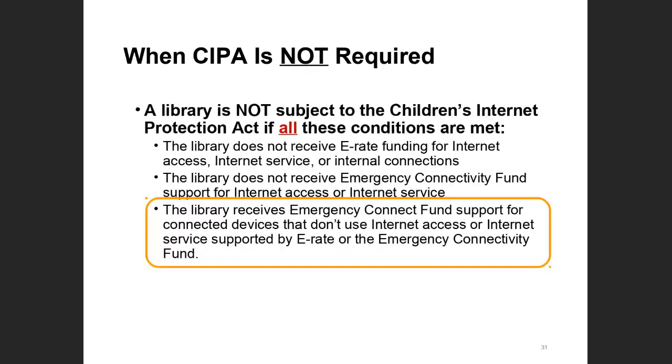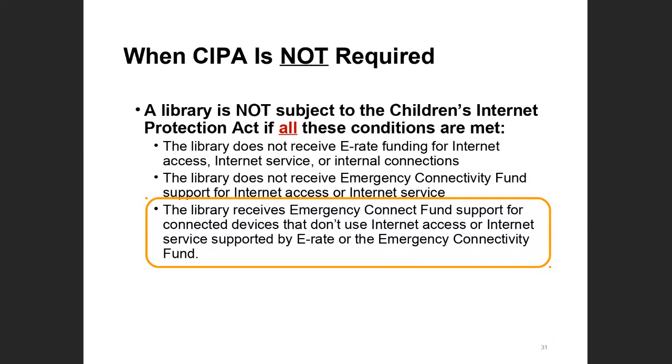Now here's the part where things get interesting. There are situations where a library can apply for this funding even though they are not CIPA compliant. So you need to meet all these conditions. If your library isn't getting E-rate funding for something that requires CIPA compliance, so you're not getting internet discounts, you're not getting Category 2 equipment discounts, that's one part.